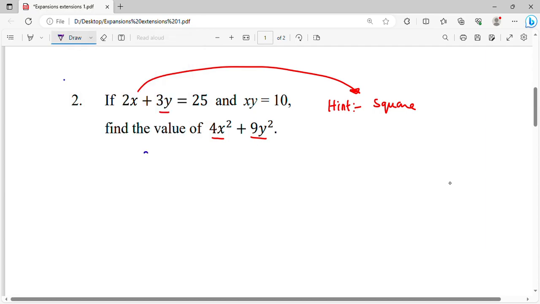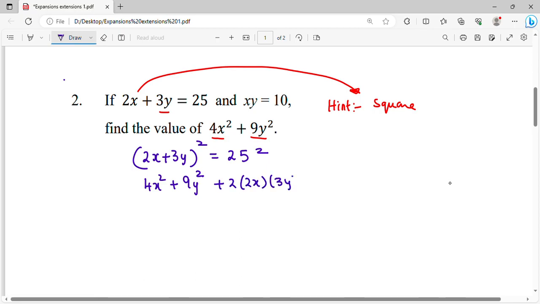So I would get 2x plus 3y. Let me square it, which is 25 squared. So this becomes 4x squared plus 9y squared plus 2 multiplied by 2x multiplied by 3y, which is equal to 25 times 25, which is 625. So I have 4x squared plus 9y squared plus 12xy, which is 625.